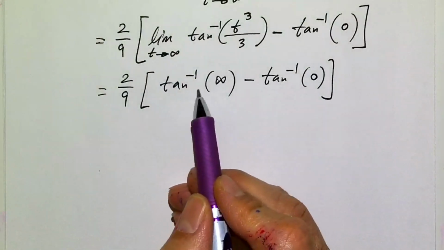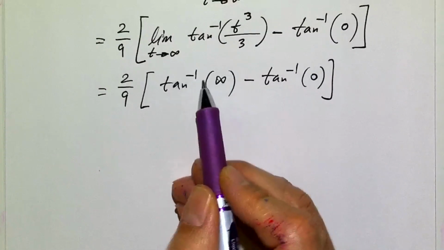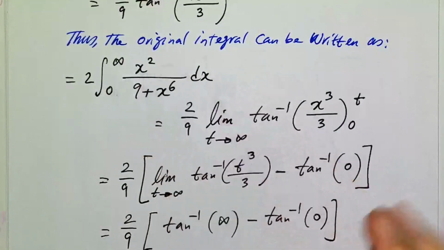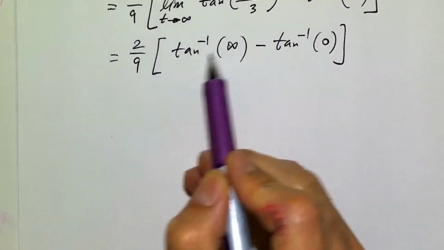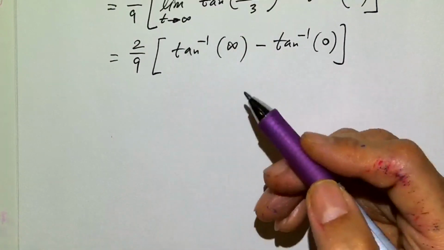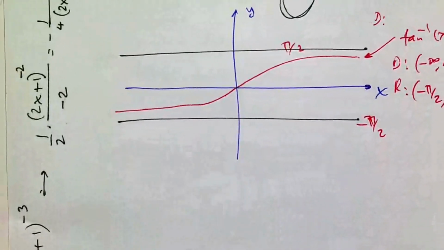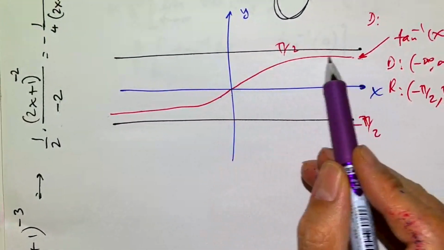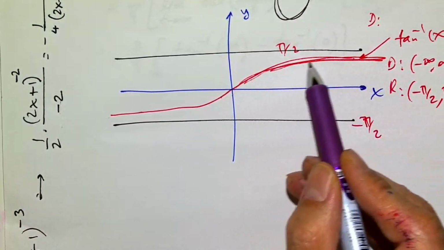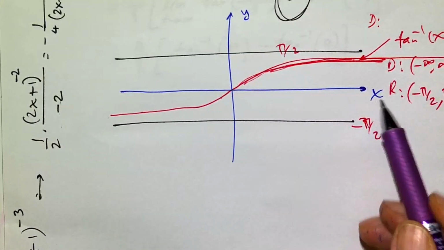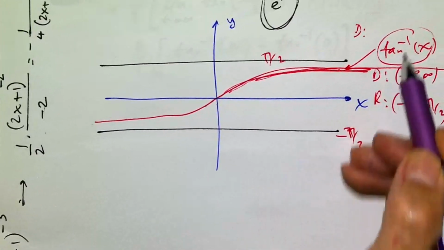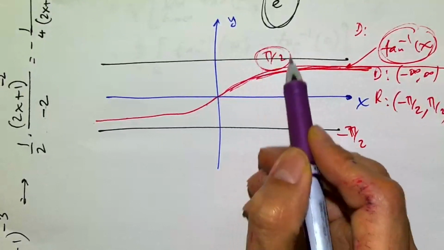Now, because we were integrating over the positive values, we know that as the input of inverse tangent goes to infinity, the inverse tangent approaches pi over 2. We're getting closer and closer, and the value gets closer and closer to pi over 2.